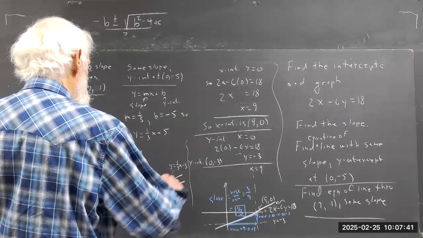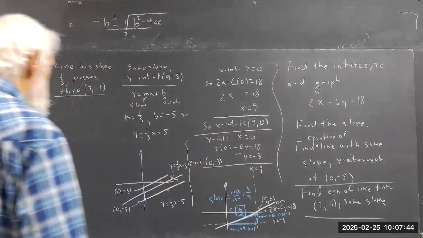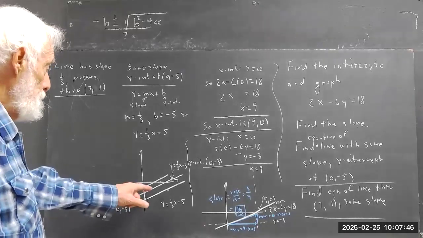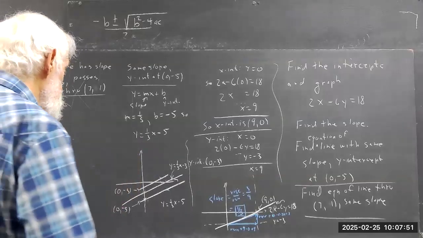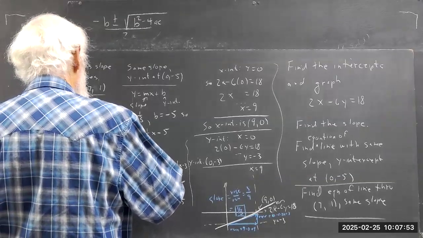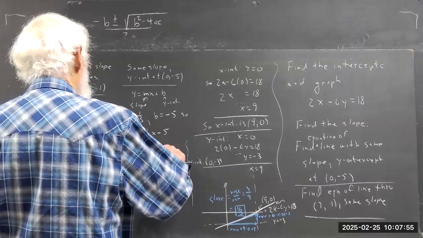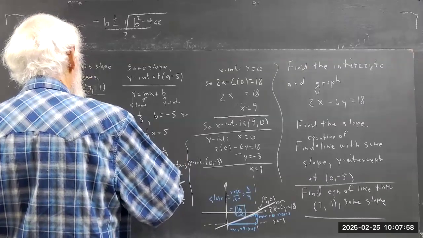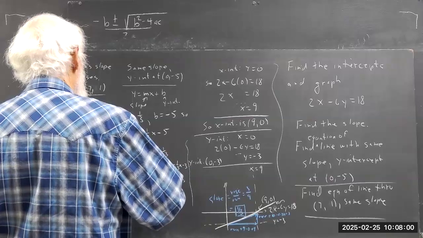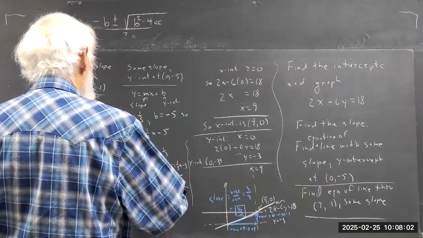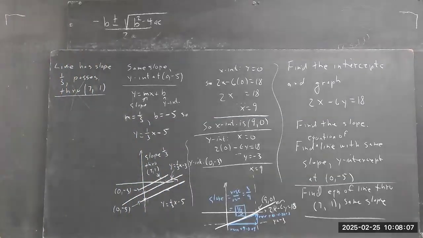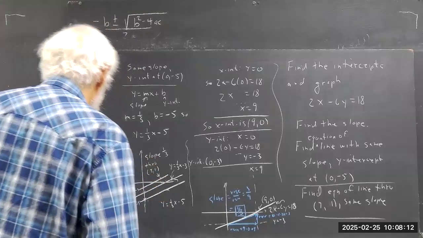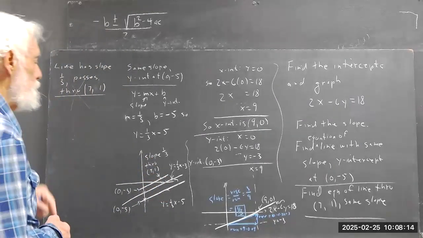So this line is going to be parallel to both of these, but it goes through the point 7, 1. So now we have 3 graphs. Okay, how do we get the equation this way?